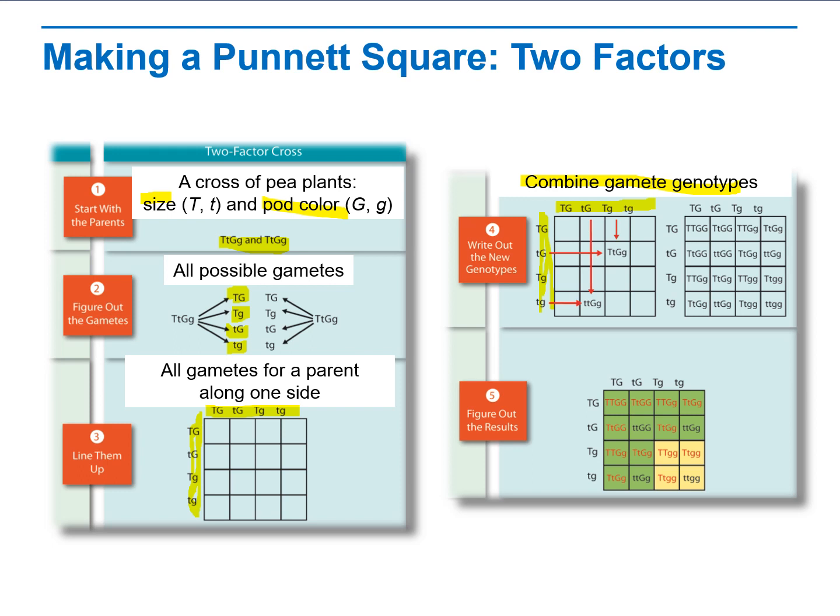Because you have 2 traits, you have 4 alleles. And then from here, you can see there are more variations of genotypes that you can have exhibited. And of course, there are also more variations of phenotypes, because you have 2 traits that you're studying.